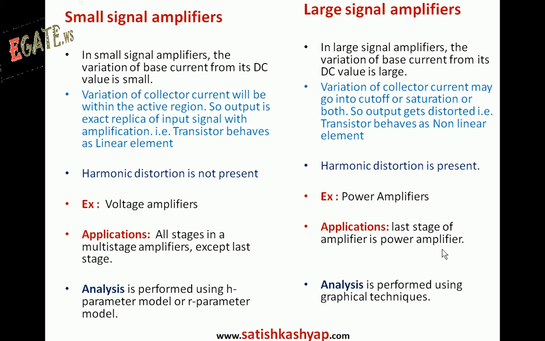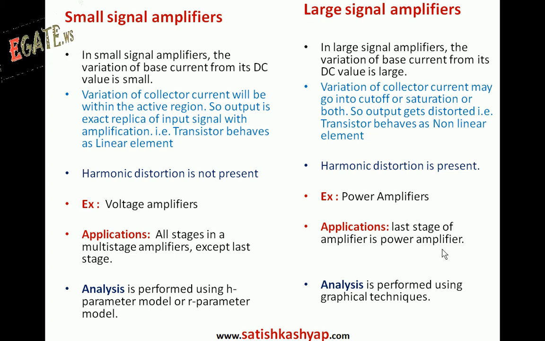In case of large signal amplifiers, the variation of base current from its DC value is very large, so that the collector current also gets large after amplification, and by that time it will be limited by its saturation and cutoff regions. So collector current enters into saturation region where the collector current is constant. It no more responds to the changes in the input.